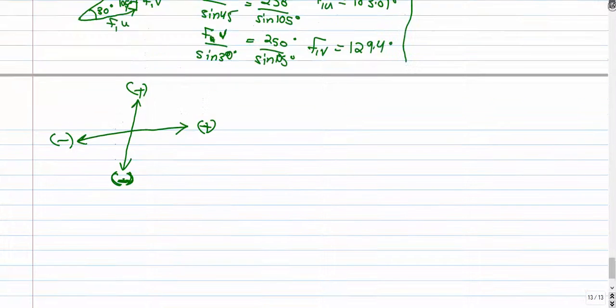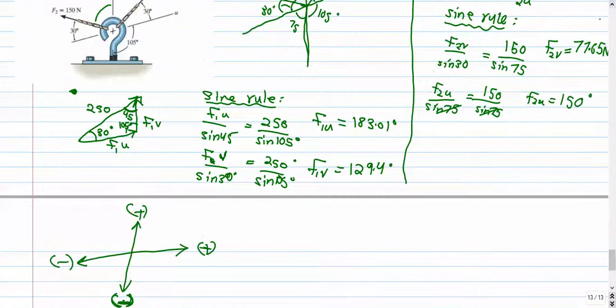So I'm going to use the conventional method and put my positives and negatives on the axes. According to this convention, the value for F2u should be negative, since it's in the negative u direction.